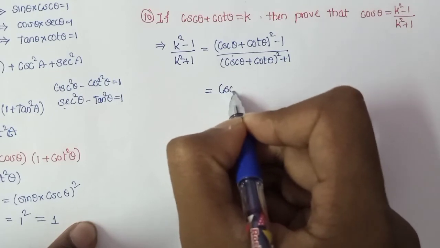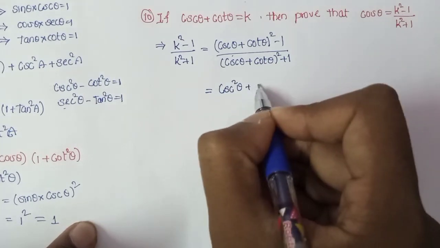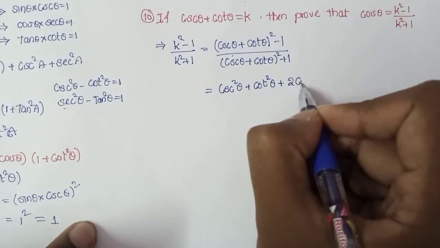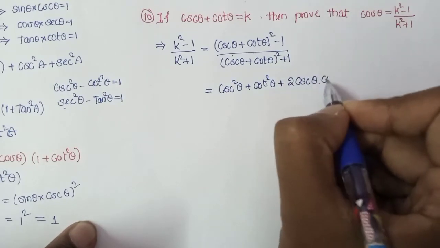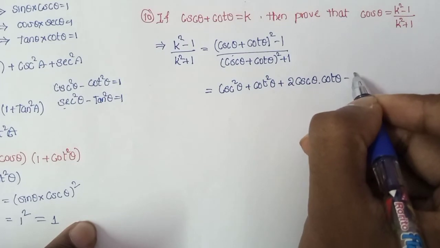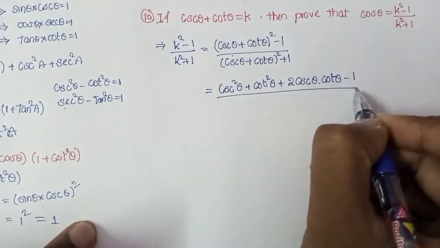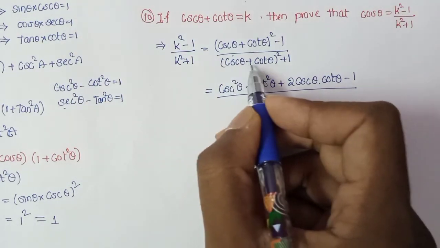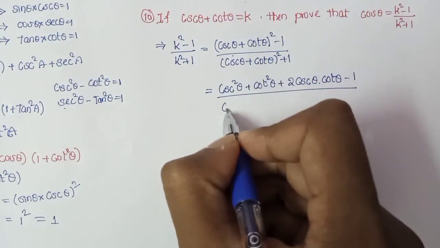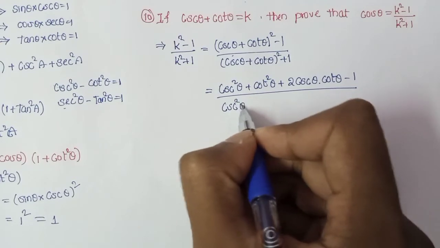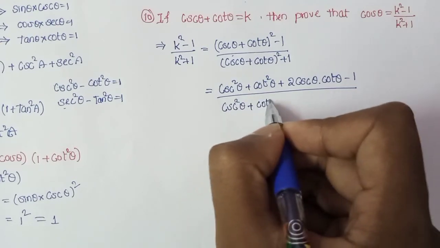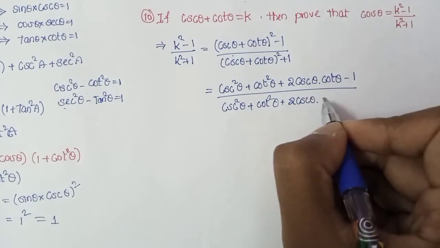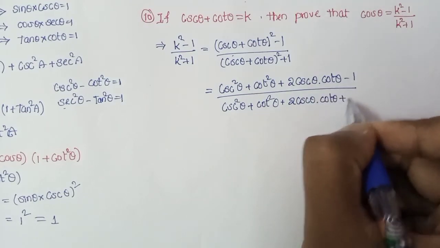A square, that is cosec square theta, plus b square, that is cot square theta, plus 2ab, that is 2 cosec theta cot theta, minus 1, divided by similarly cosec square theta plus cot square theta plus 2 cosec theta cot theta plus 1.